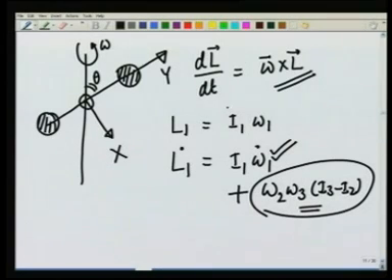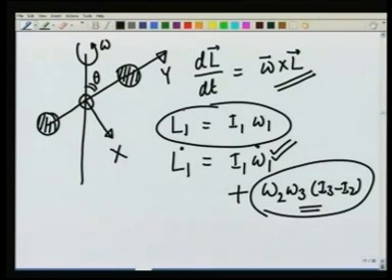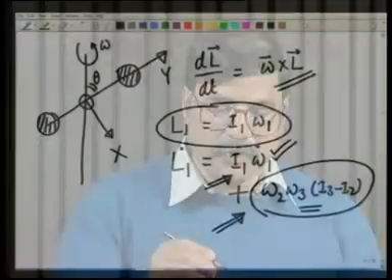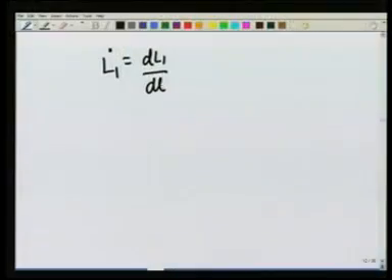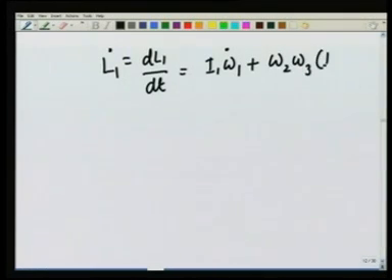So notice L1 itself is only I1 omega 1, but when we take its change, it is caused both by the change in omega and by the rotation of L vector around omega vector, and therefore, in general I am going to have L1 dot, which is the same as dL1/dt, equal to I1 omega 1 dot plus omega 2 omega 3 (I3 minus I2).